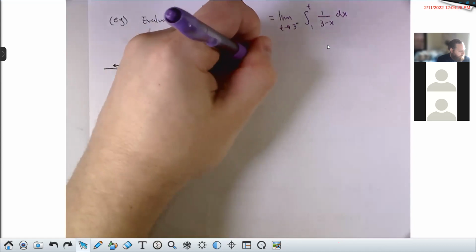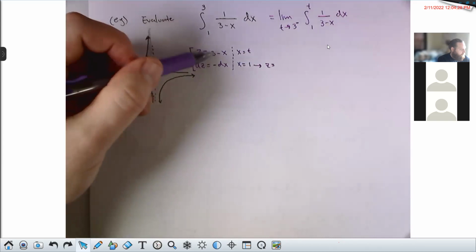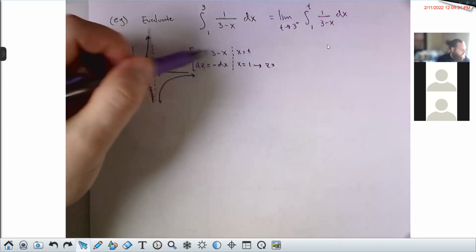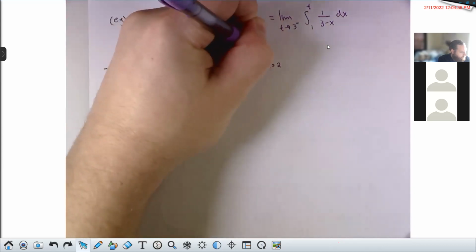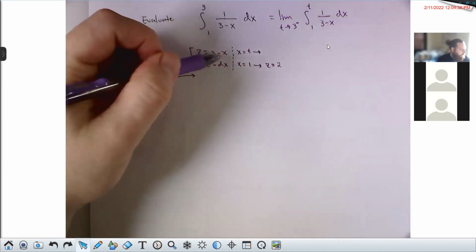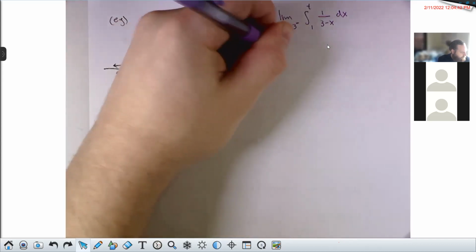So when I make that substitution, z equals 3 minus x. Well, if you plug in 1 for x, you get 3 minus 1, which is 2. And if you plug in t for x, you get z equals 3 minus t. So that's my new upper bound, 3 minus t.